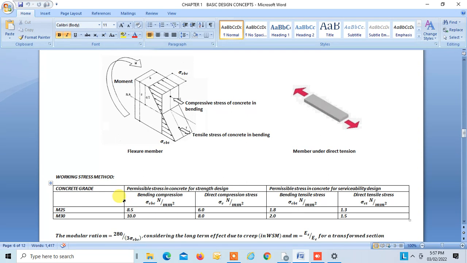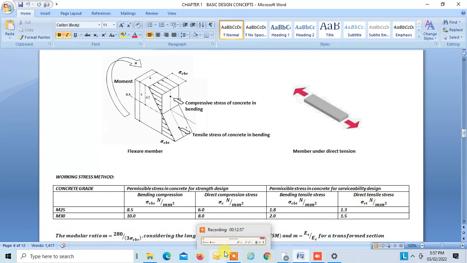So if you want to do the check for deflection, then permissible stresses in concrete for strength design, you would use this. Bending compression sigma cbc is 8.5 and 10 for M25 and M30. For direct compression, it is 6 and 8. If you want to do the check for crack width, then bending tensile stress is 1.8 and 2 for M25 and M30, and direct tensile stress is 1.3 and 1.5, right?